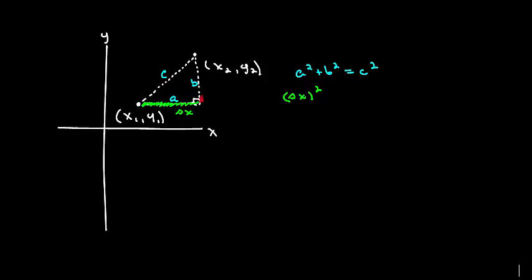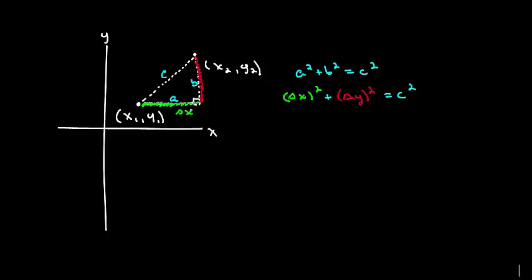Of course, this length right here is delta y. And C is the distance that we're looking for, so we'll just say that this is equal still to C squared.